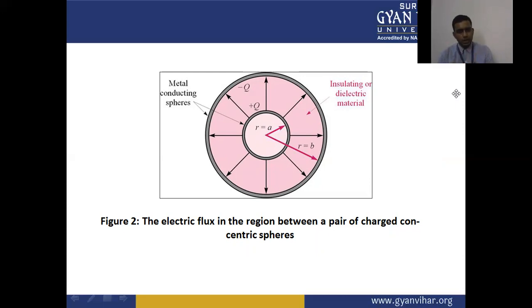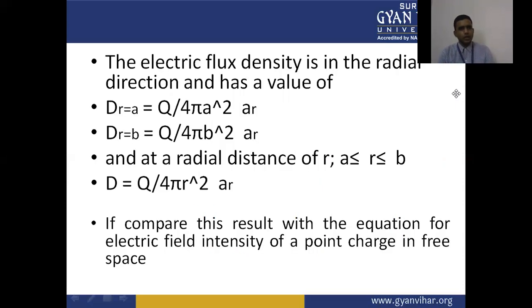So this sphere is concentric with the charge. The electric flux density is in the radial direction, where r is the radial distance. At r equal to a, D is equal to Q upon 4 pi a square in the direction of a_r, because D is a vector quantity.